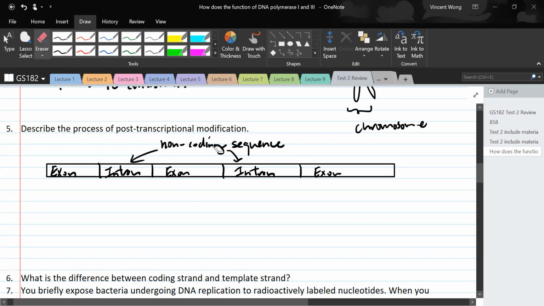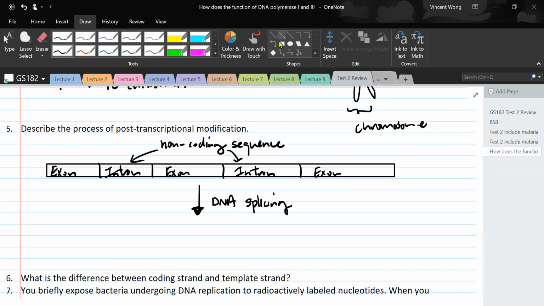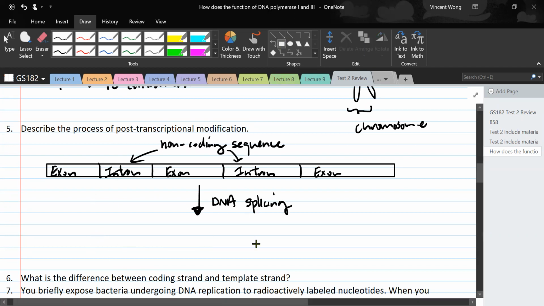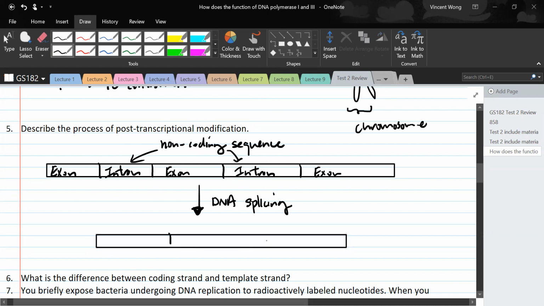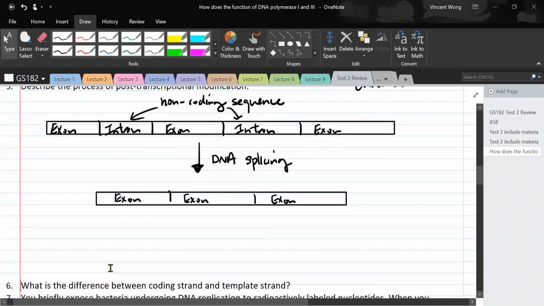In post-transcriptional modification, a couple of things are happening. We have splicing. We remove the introns and glue together the exons. That's what splicing is: removal of introns and joining of exons.